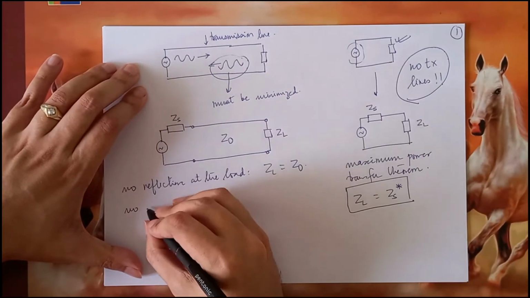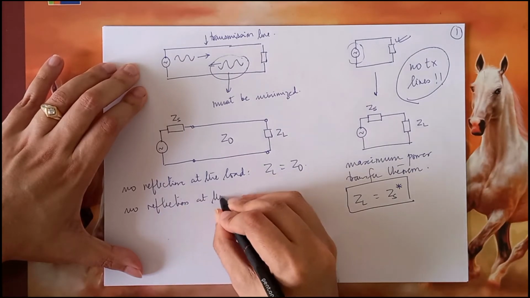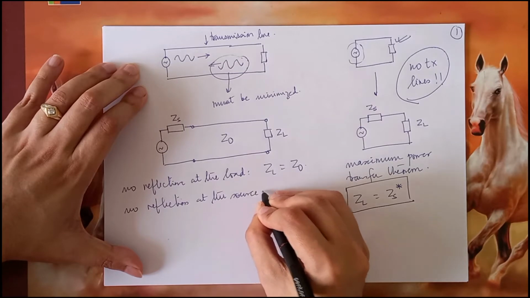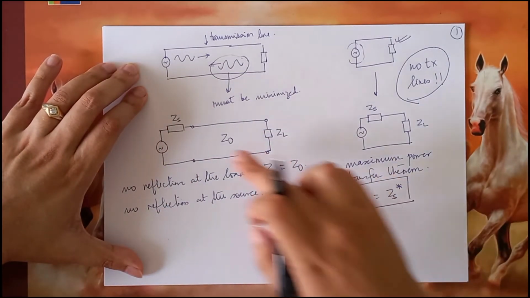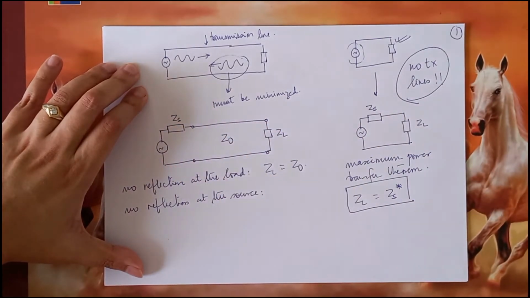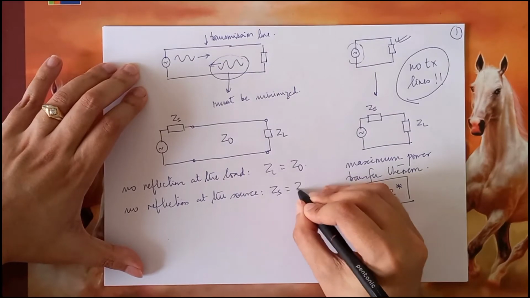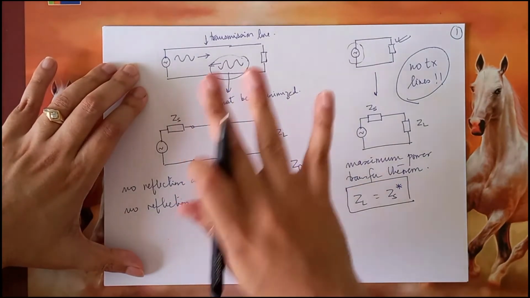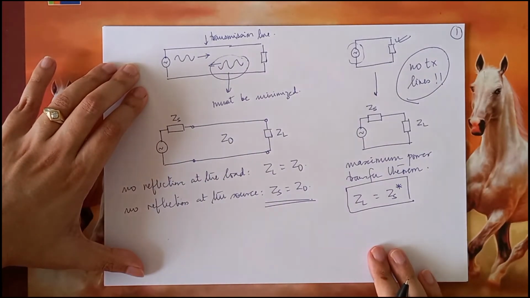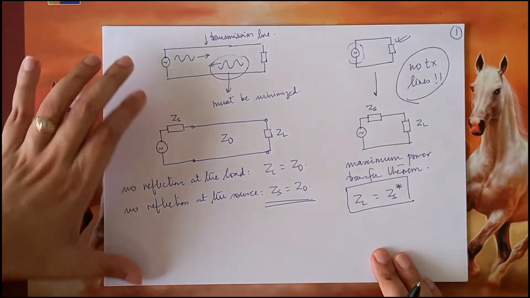So what is the condition to ensure that there are no reflections at the source? Again, the source impedance must be equal to the characteristic impedance of the line. So therefore, to ensure that the system has no reflections, these two conditions must be met.